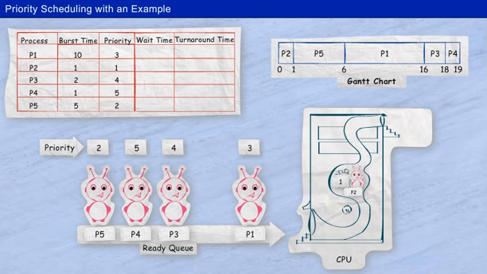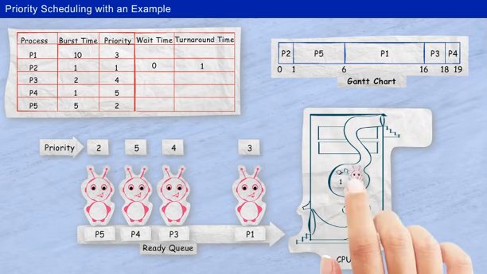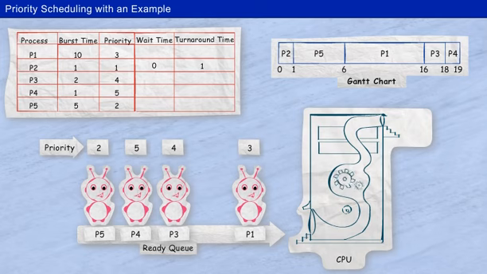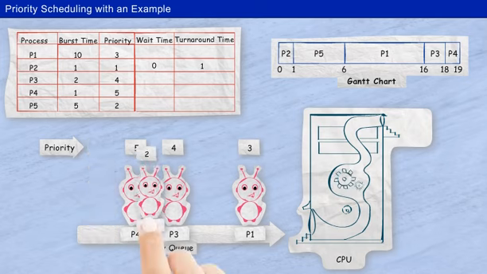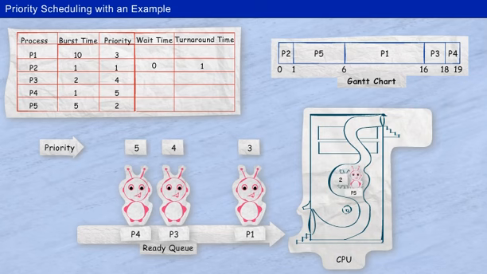So, the waiting time and the turnaround time for the process P2 is 0 millisecond and 1 millisecond respectively. Next, the CPU is allocated to the process P5 as it has the second highest priority, that is 2. Hence, the waiting time and turnaround time for the process P5 is 1 and 6 milliseconds respectively.